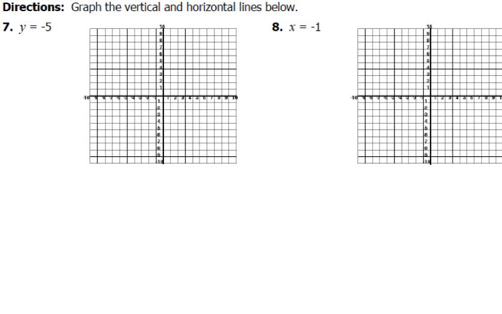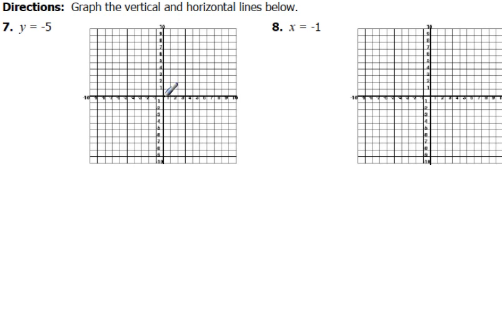Okay, on the back of your paper are these two examples, 7 and 8. So here we are given the equation and asked to graph the vertical and horizontal lines. So number 7, we have y equals -5. So that means we're going to be moving either up or down on our y-axis.